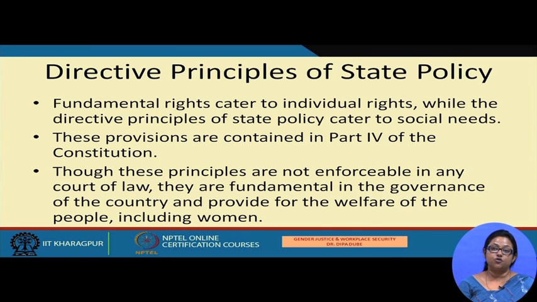They are sort of directions, as we said, or goals which are there before the state, which the state should realize over a period of time. So, therefore, for any violation of the directive principles, one cannot definitely move to the courts of law for the enforcement of the directive principles.